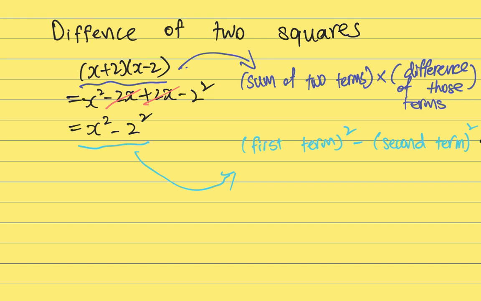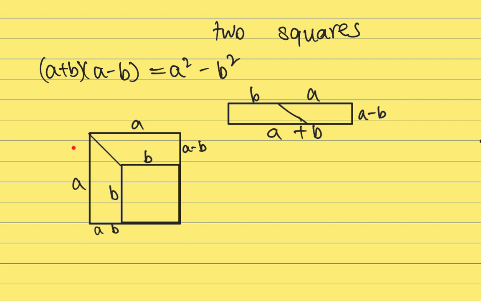In general, we can write this as a plus b times a minus b equals a squared minus b squared. This result can also be illustrated by a diagram. A squared minus b squared equals a plus b times a minus b, which is this part.